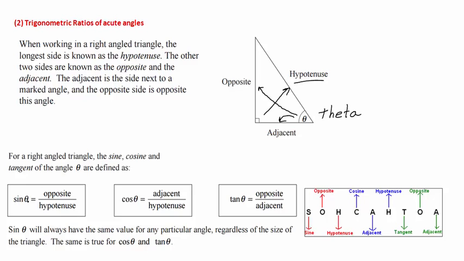So the sine of the angle is the ratio of the opposite side to the hypotenuse, and the same for the cos and the tan. The quickest way to remember these is SOH, S-O-H for sine, cos is CAH, C-A-H, tan is TOA, T-O-A. Those are the easiest way to remember them, and we'll look at them in a minute.